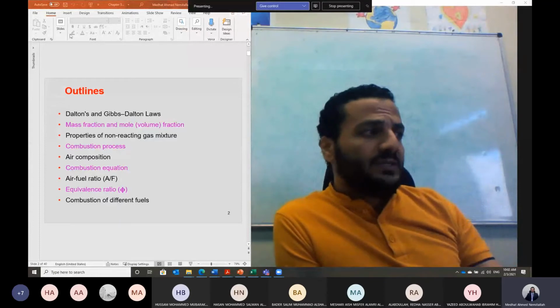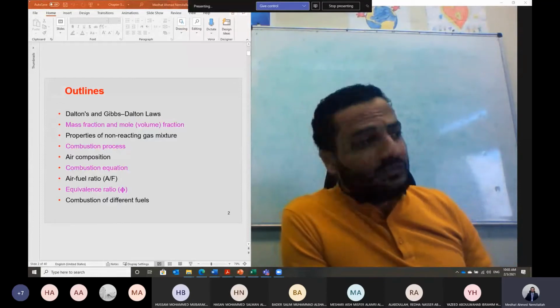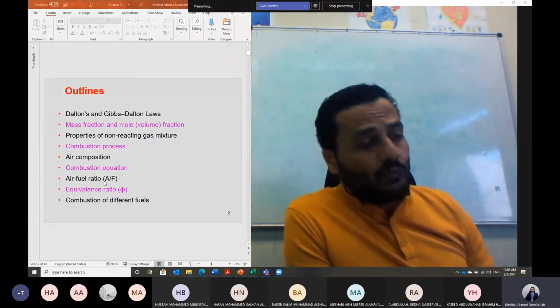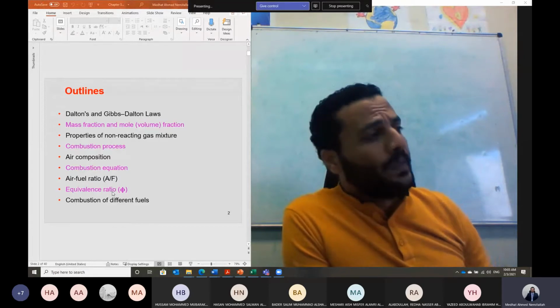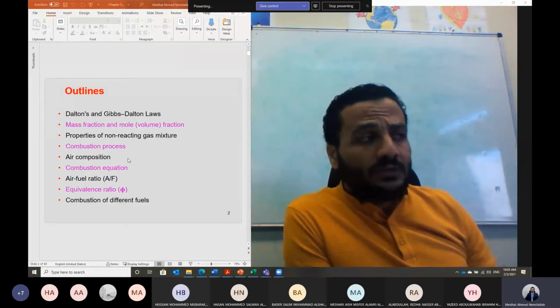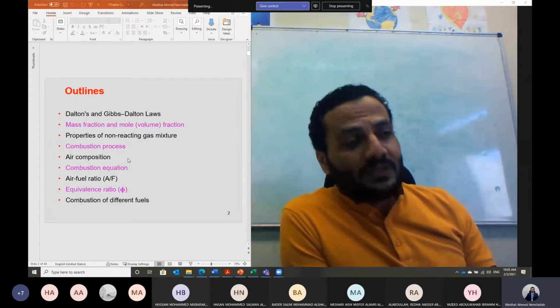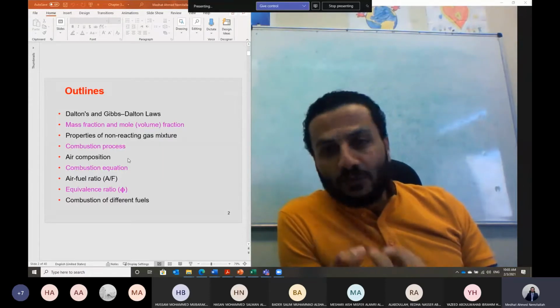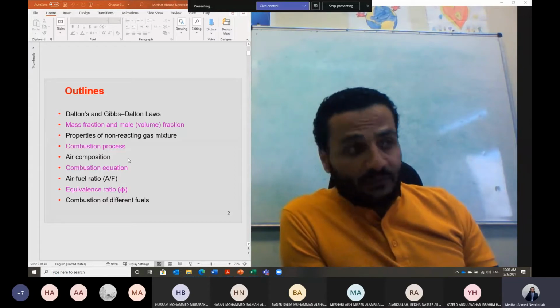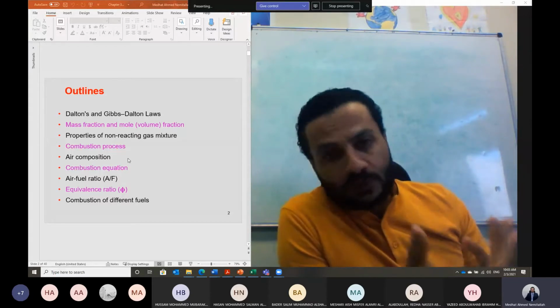We will write down this equation, and we will learn, inshallah, from this equation how to calculate the air to fuel ratio, and then how to calculate what's called the equivalence ratio. Equivalence ratio, شباب, is the ratio between the fuel to air ratio actual divided by the fuel to air ratio theoretical.